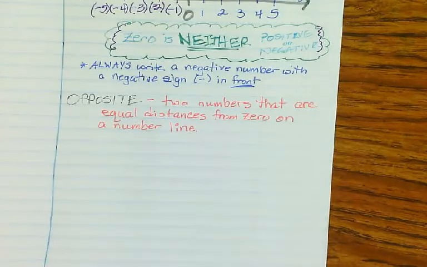Two numbers that are equal distances from 0 on a number line.